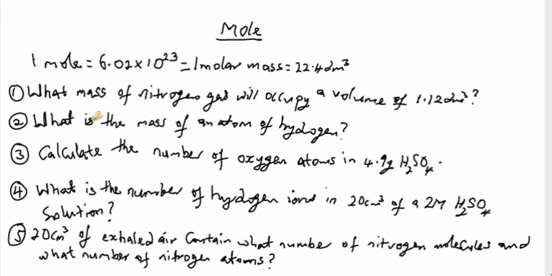Now, having discussed this, we will quickly solve the other question. The other question says, what is the mass of an atom of hydrogen? The relationship between mass and number of atoms is molar mass equals number of particles. So let's quickly solve that.